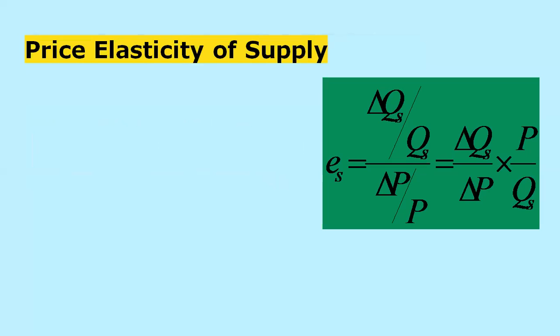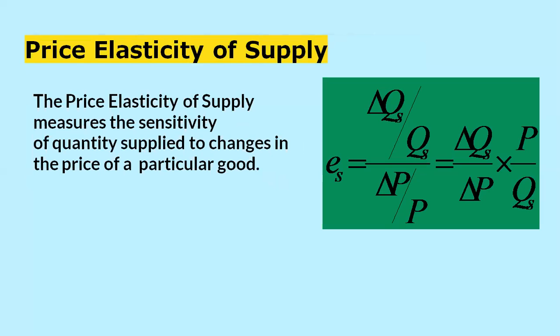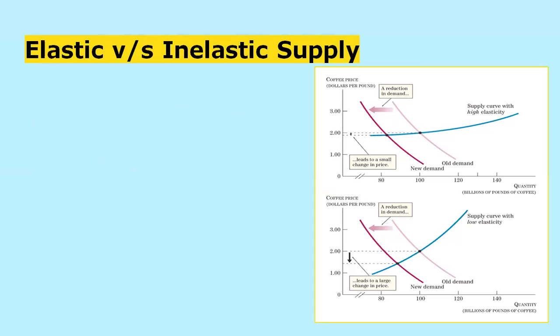Price elasticity of supply. The price elasticity of supply measures the sensitivity of quantity supplied to changes in the price of a particular good. Elastic versus inelastic supply.